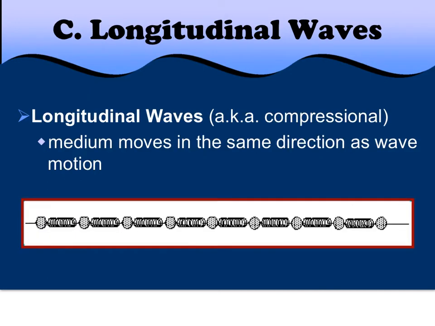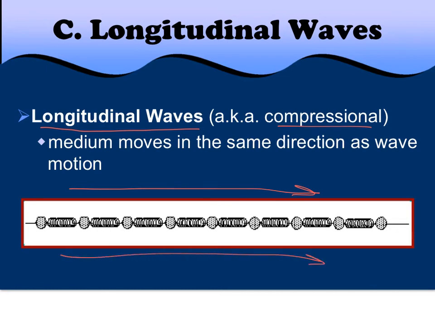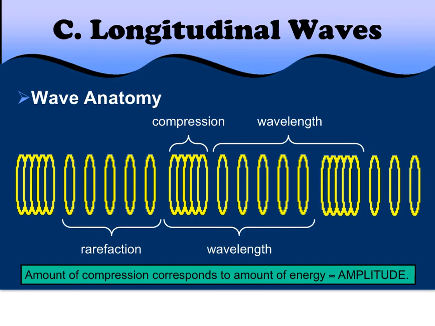The other type of wave that we mentioned is longitudinal waves. They're also known as compressional waves because they compress, a lot like a slinky. The energy is moving left to right, and the motion of the medium is also moving left to right. In longitudinal waves, you can see how it's identified.